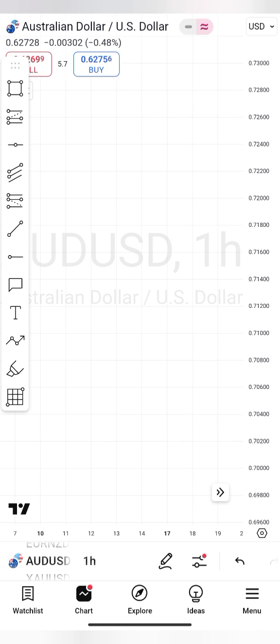For you to understand what break of structure is, you have to understand the characteristics of trend. First of all, there are three types of trend.